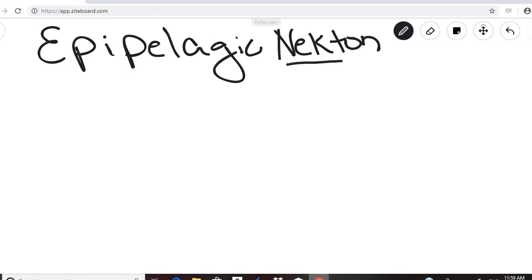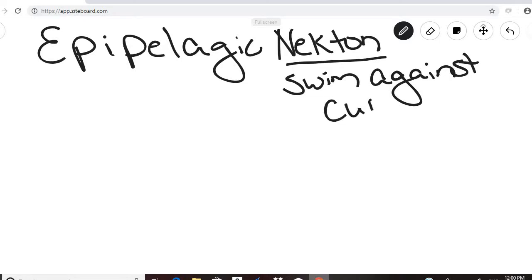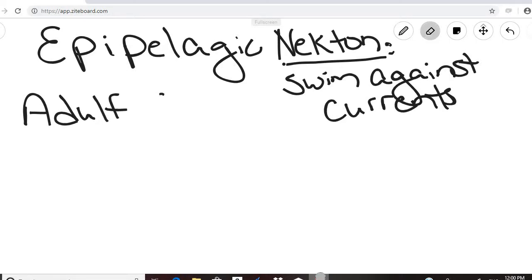So let's review this term here. Nectonic means that they are able to swim against the currents. So in the epipelagic zone, we've already talked about the plankton that are in that area, but there are also nectonic animals that live in this area. So what would those be? There would be adult fish. Okay, so they live in the epipelagic zone, but they're nectonic.